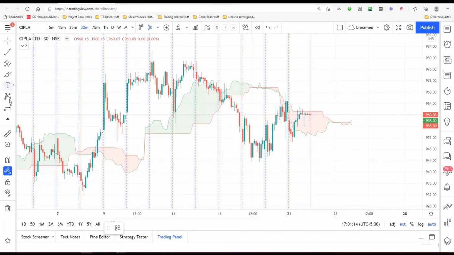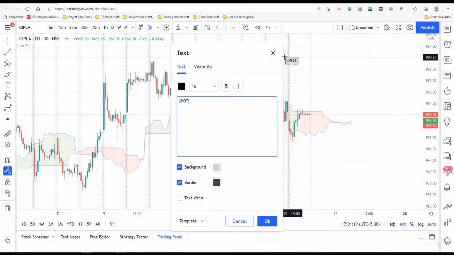Right. So, step number 1: spot the Kumo twist using NeoTrader. Then mark the price high, let's say this is for bullish, or low if you have a bearish Kumo twist.